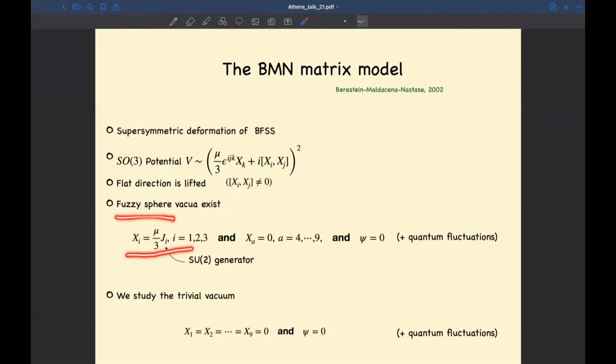So the SO(3) part of BMN has fuzzy spheres, while the rest of the matrices have to be 0. Of course, these are classical vacua, and we should have quantum fluctuations. But in simulations, we were not much interested in these vacua because they are less well understood from the gravity side. So we wanted to focus more on the somewhat trivial vacuum, where all the matrices are 0 plus quantum fluctuations.